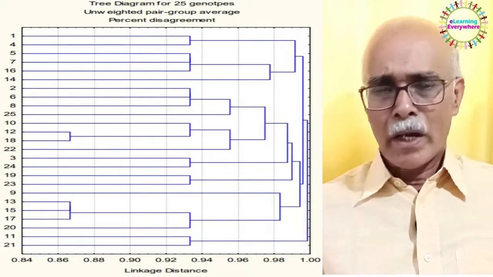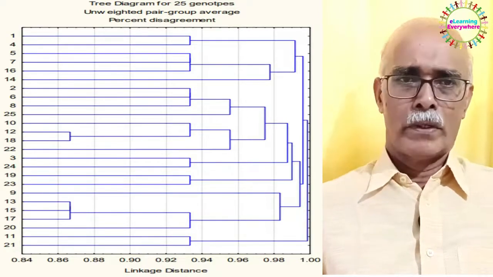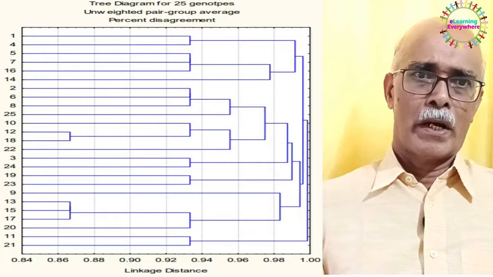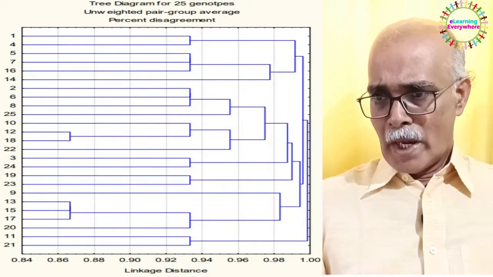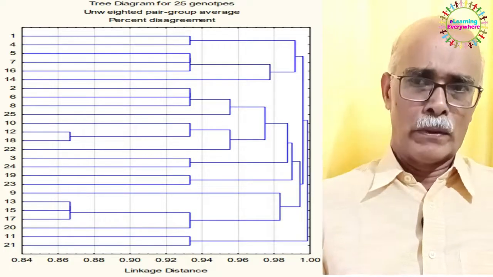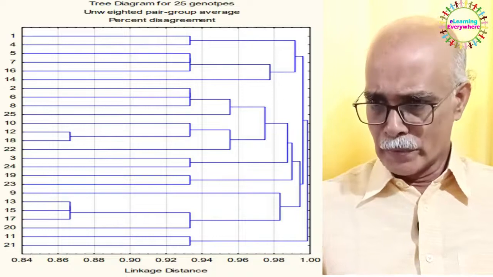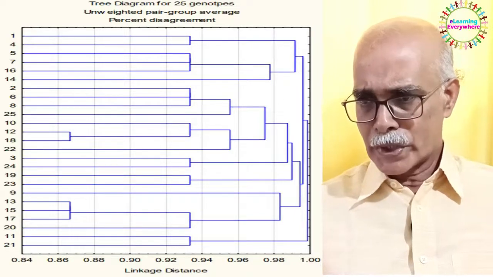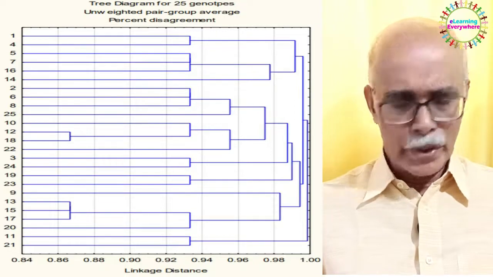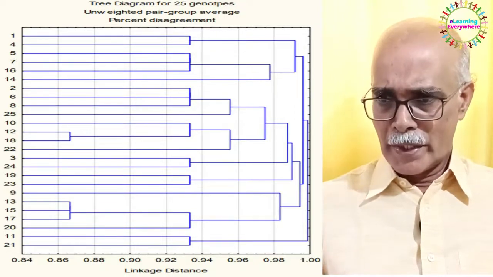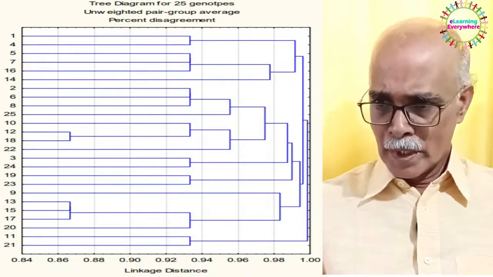Similarly, all the other genotypes also got positioned as different leaves of the dendrogram. And finally, if you go below, the linkage distance gets reduced, and from this diagram you can see that the genotypes 12 and 18 are very close to each other.